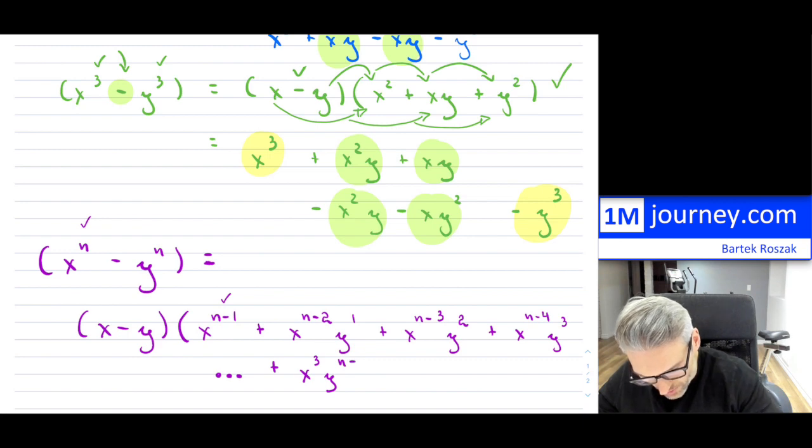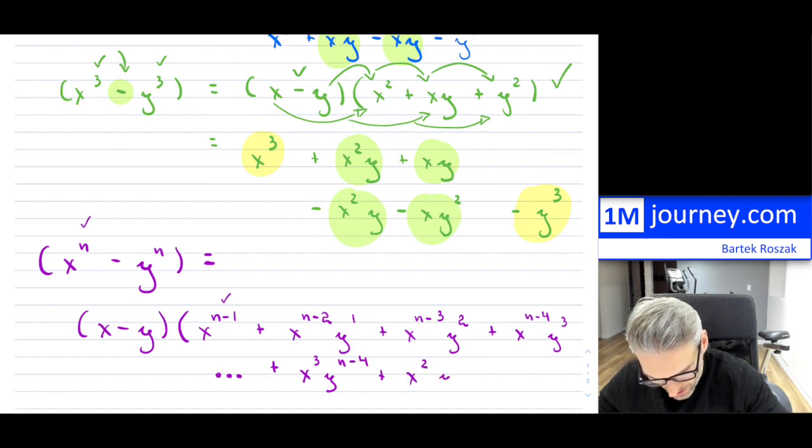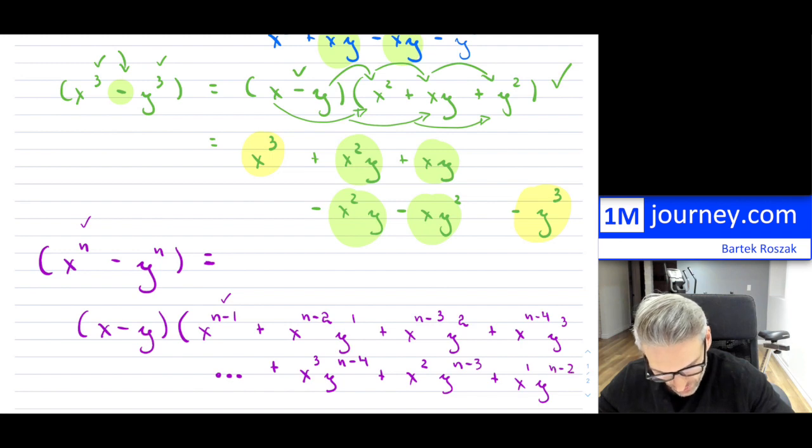So this one is going to be n minus 4. And then plus, now my x is coming down and my y is getting bigger. So that's now n minus 3. And then finally, this is going to be plus, this is now just x to the 1, and then y, and this is again getting bigger, so this is n minus 2.